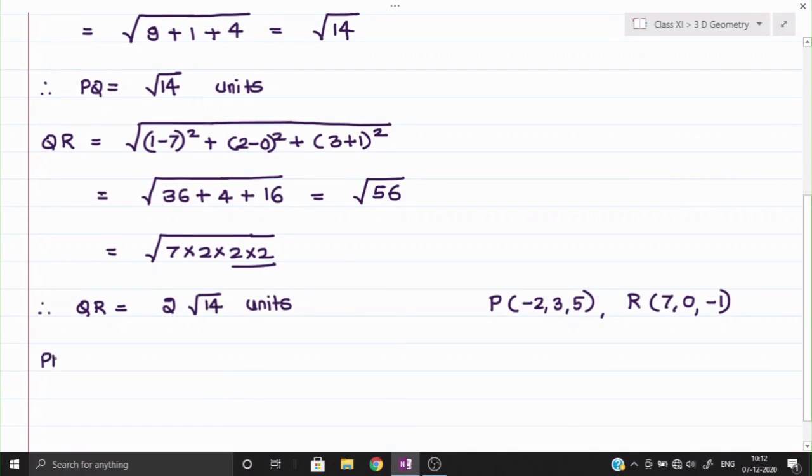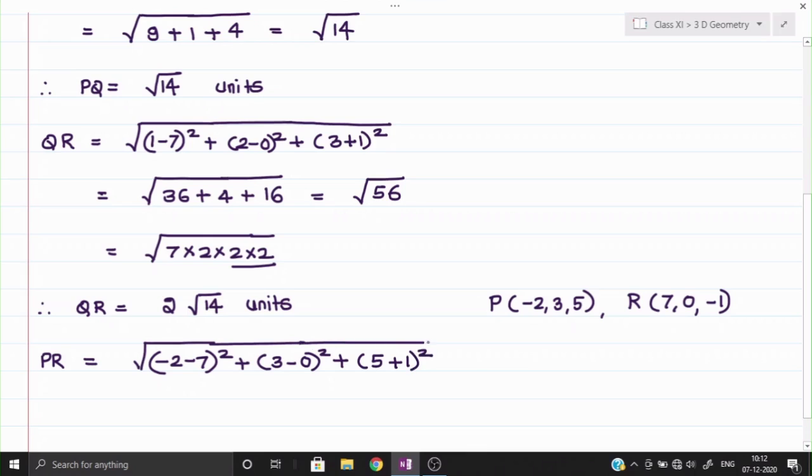So PR is equal to under root of minus 2 minus 7 whole power 2 plus 3 minus 0 whole power 2 and 5 plus 1 whole power 2. Minus minus became plus. Okay.